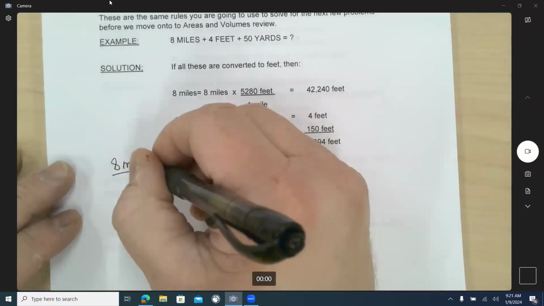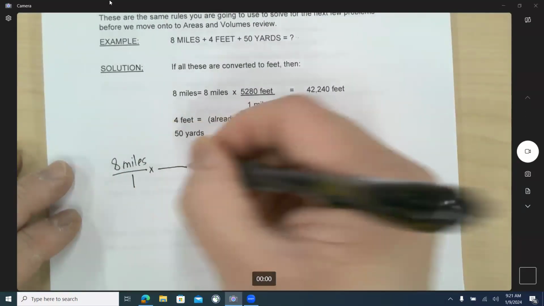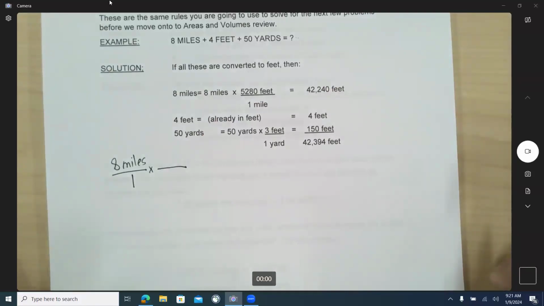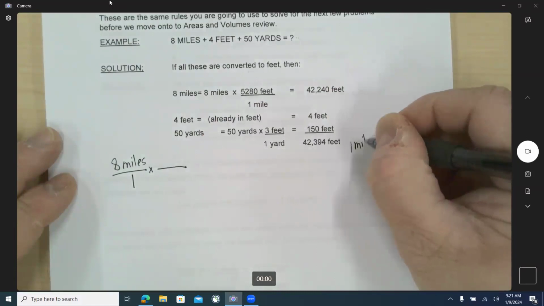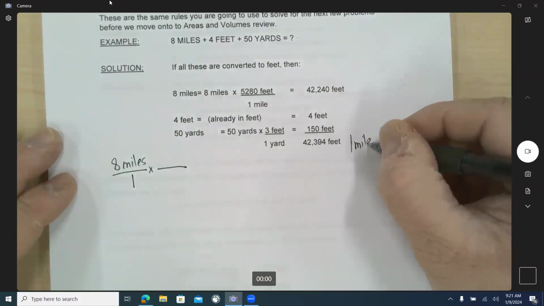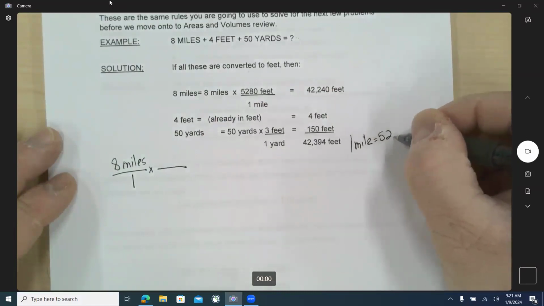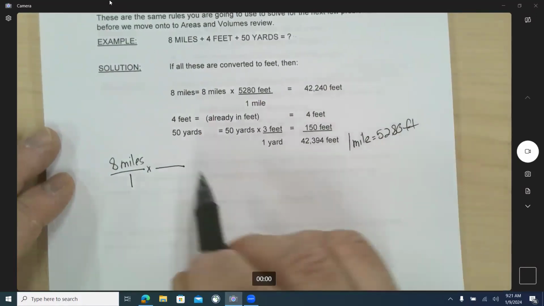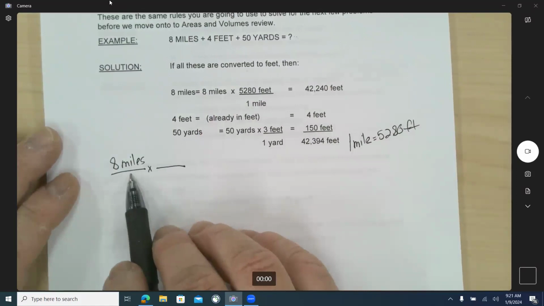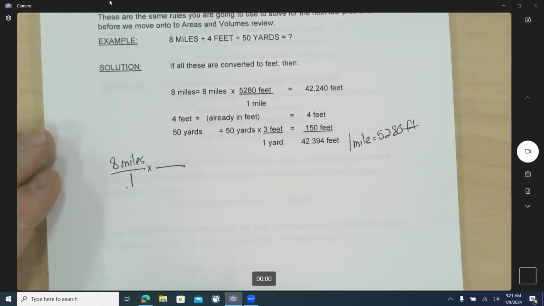Well, I need to get my miles to feet, so I need to have a conversion factor. I know that 1 mile equals 5,280 feet. Okay, so where are my miles? Are they on the top or the bottom? They're on the top. If they're on the top, ask yourself, where do they have to be to cancel?